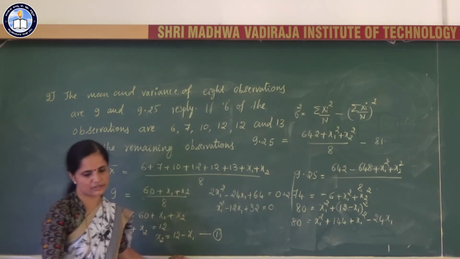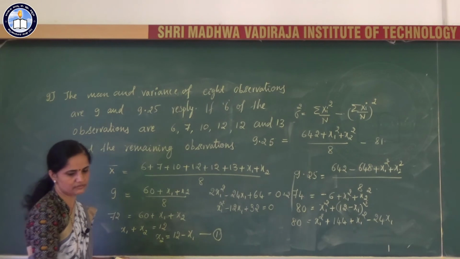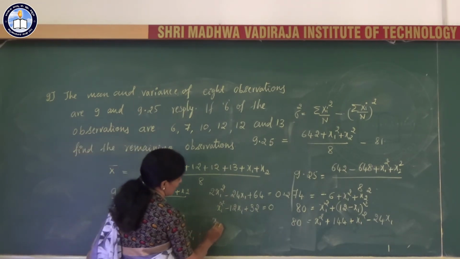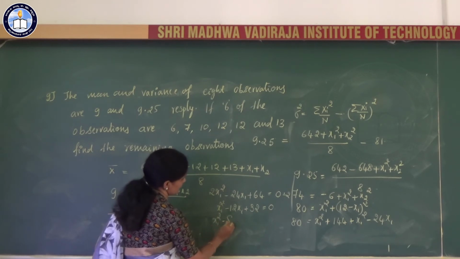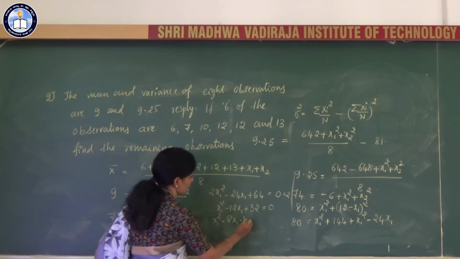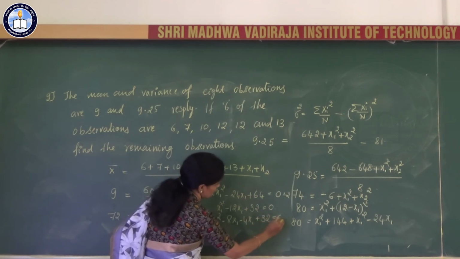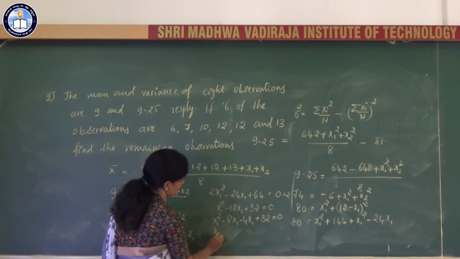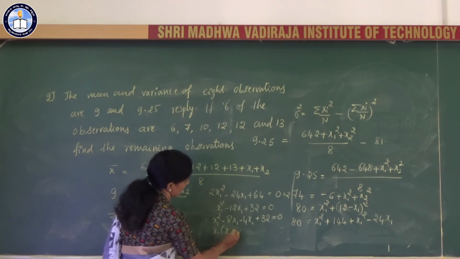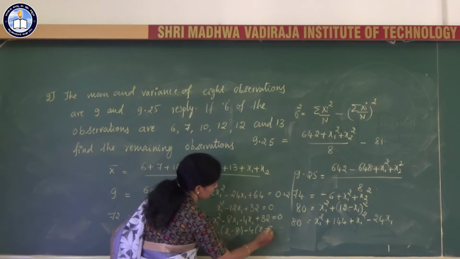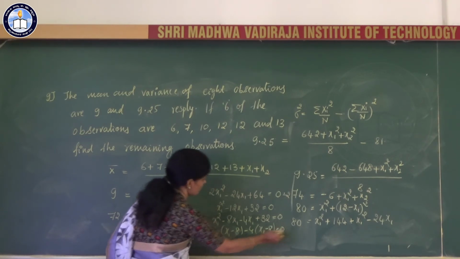Split the middle term here, you will get the answer. 32 is equal to 0. So x1 square minus 8x1 minus 4x1 plus 32 is equal to 0. So x1 into x1 minus 8 minus 4 into x1 minus 8 is equal to 0.